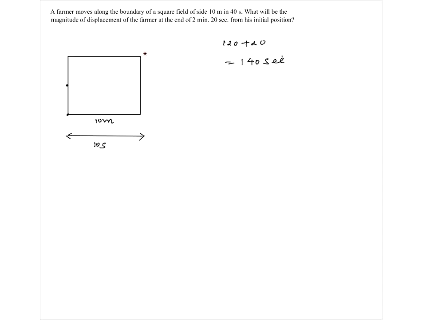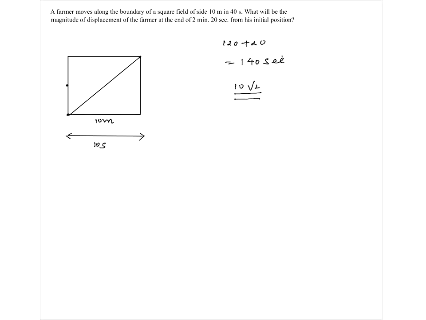You're right, diagonally opposite. So what's the answer? If the farmer is diagonally opposite, then what's the answer? Sir, 10 root 2. 10 root 2.